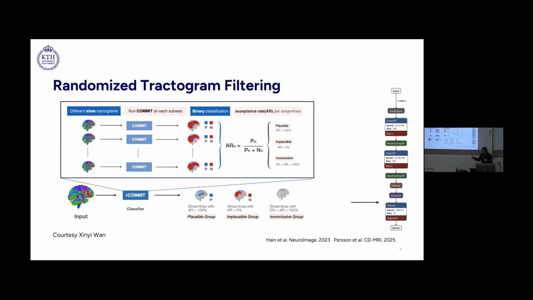What we found is, what if we just take a subset of these 10 million, let's say 1 million, and then we run it several times, with different sets. If we do that, we found that this very same streamline sometimes is accepted, and sometimes it's not. That makes sense, because it depends on the context, on the other streamlines that are selected for this specific run of filtering.